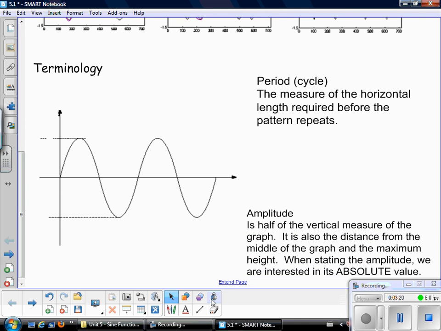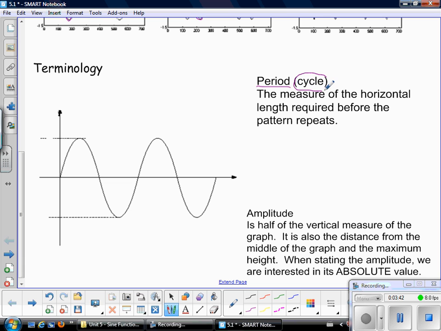And if you've taken physics, physics also studies these types of graphs as well. They use slightly different terminology than what we do in math, but it's very, very similar. So in math, we talk about period. In physics, they talk about cycle.